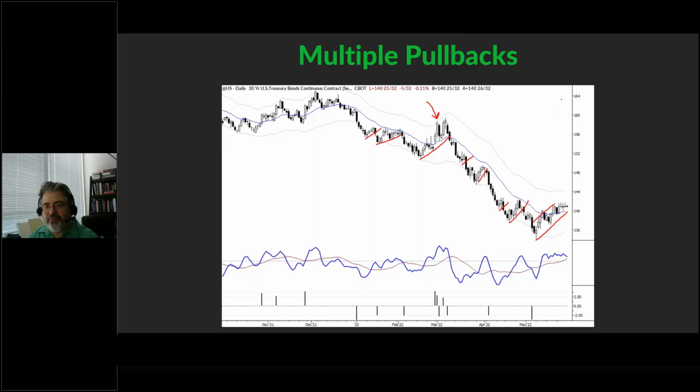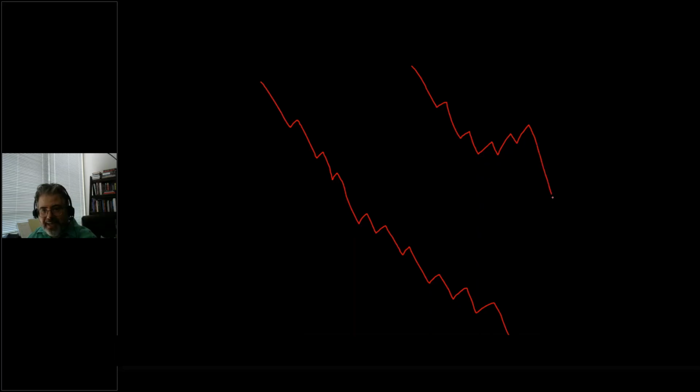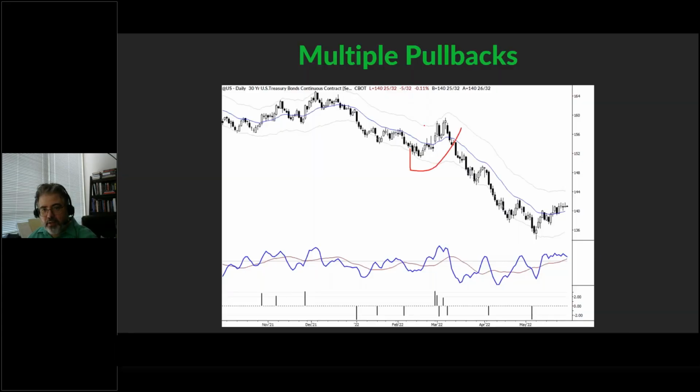If you have a market that is trending, this is not really the way it typically works. What you will see is you will have several simple pullbacks, and then you'll have a more complex structure. And then this more complex structure is enough of a reset that you might get some simple pullbacks, and then you might get more complex structure. So that's what you have happening here. That's the explanation, if you will, for this.